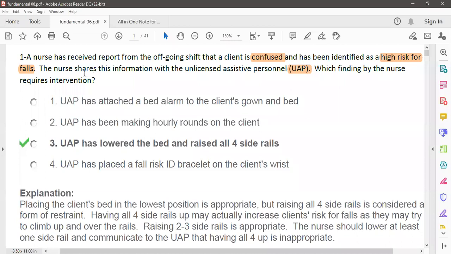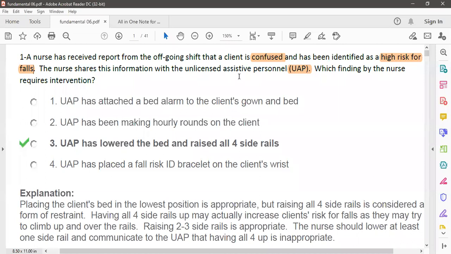The nurse shares this information with the unlicensed assistive personnel, UAP. Which finding by the nurse requires intervention? So what the UAP are doing, if the UAP does something wrong, as a healthcare provider or RN, we have to correct them, right?